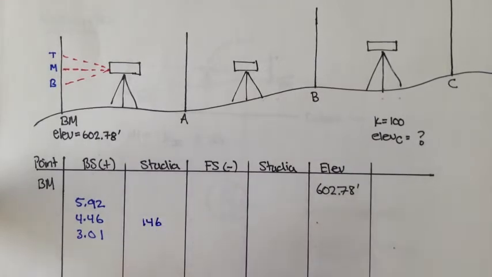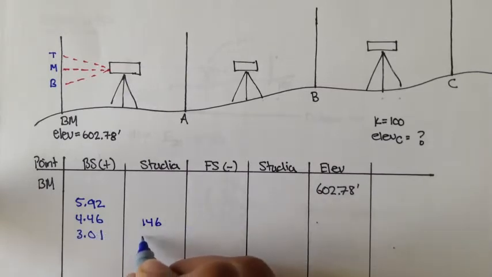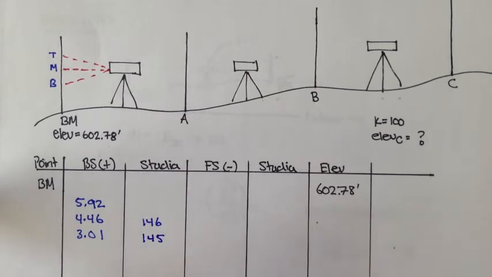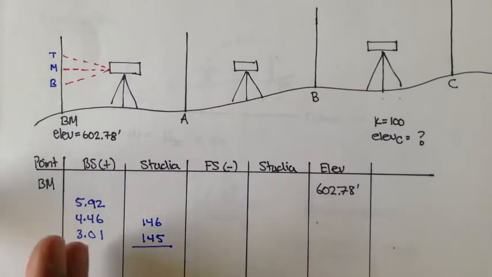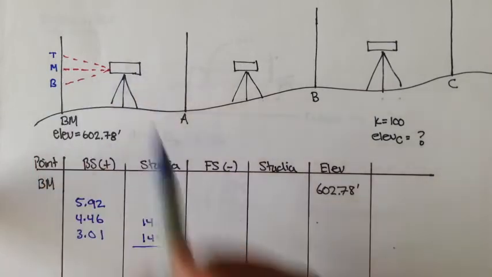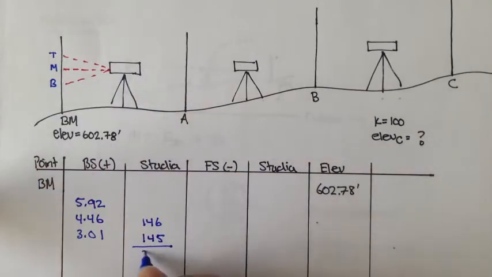And the middle minus bottom, or 4.46 minus 3.01, is 145. Remember, we're multiplying the half stadias by 100 because when we add them, we get the approximate horizontal distance from the instrument to our point, or the instrument to our benchmark, and I get about 291. Okay, that's the first step.